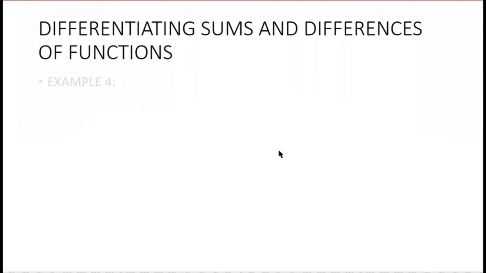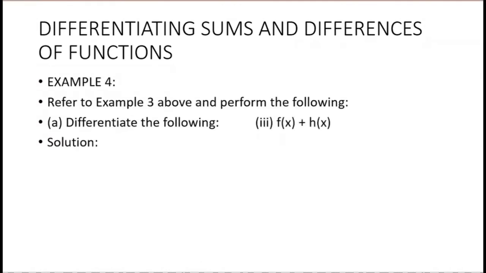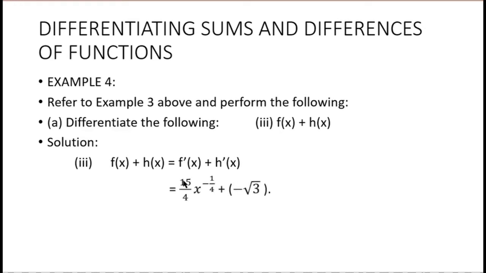Next, third I. The sum of f of x plus h of x. Then, the solution, f of x plus h of x is equals to the derivative of f of x plus the derivative of h of x. So, we have 15 over 4x raised to negative 1/4 plus negative square root of 3.